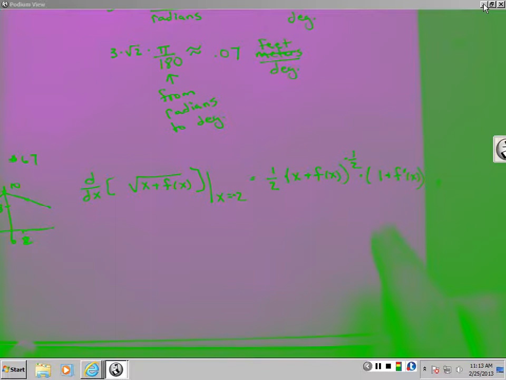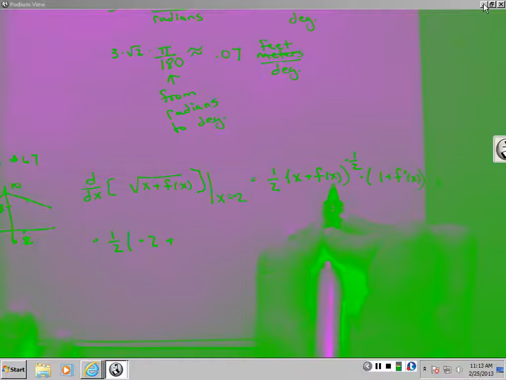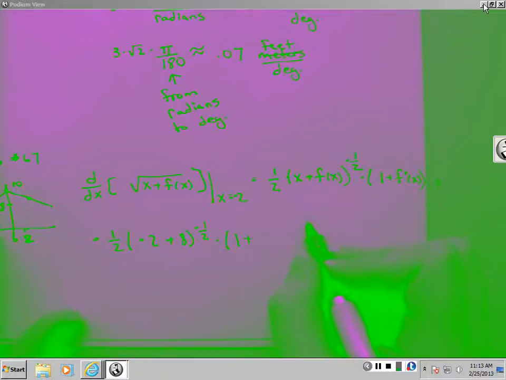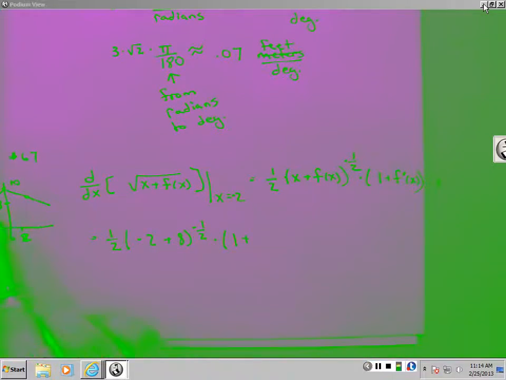So now if I evaluate it at -2, I have 1/2 (-2 plus f of -2). What is the value of the function at -2? 8. To the minus 1/2 power times 1 plus, what is the derivative at minus 2? What's the slope? 2. Be careful because it's going up 2 and over 2. So what would it be? 1.